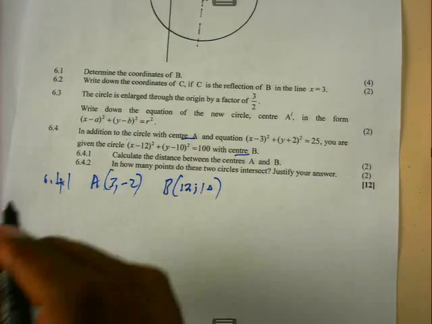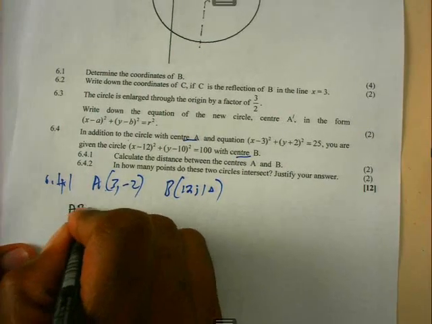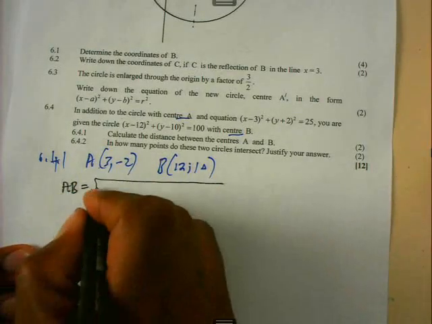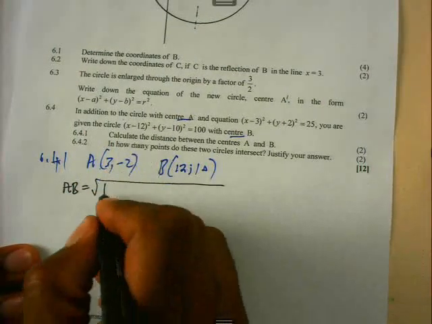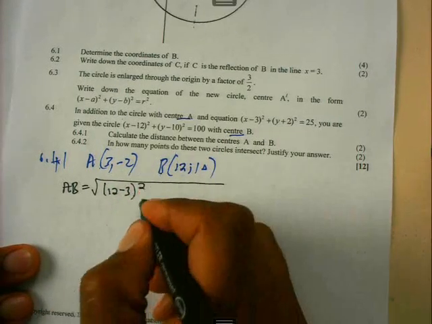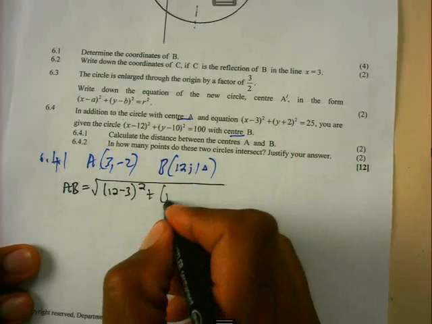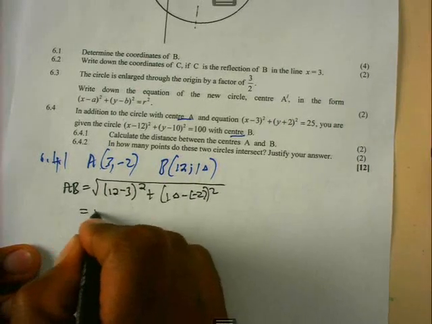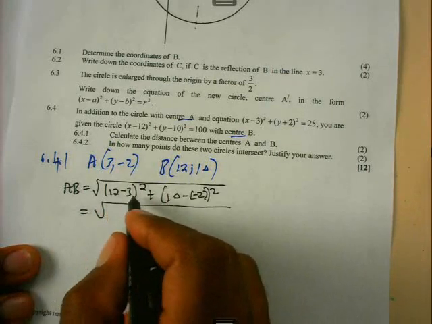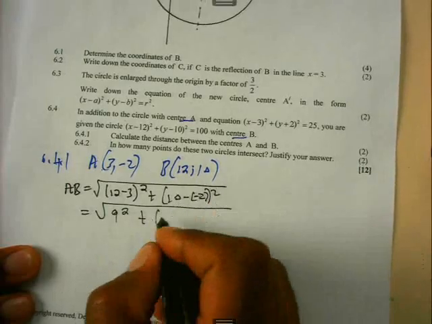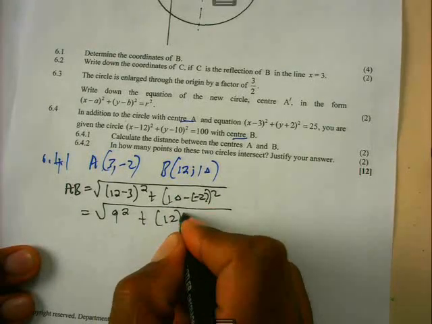Then we can use the distance formula. The distance AB is the square root of (12 − 3)² + (10 − 2)². Hmm, from here, 12 − 3 is 9 squared, plus 10 + 2, that will be 12, then we square it.